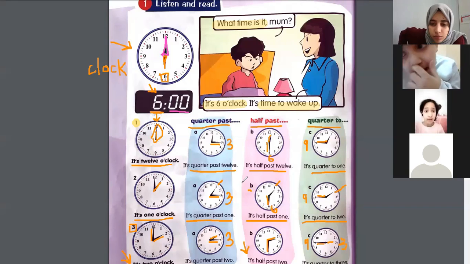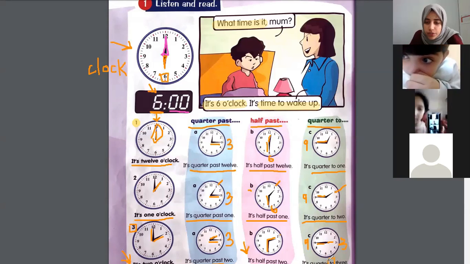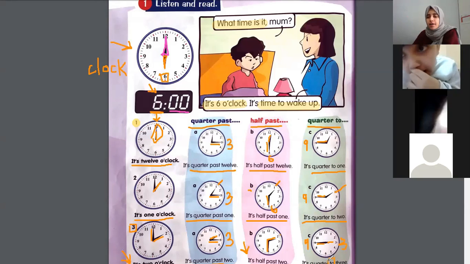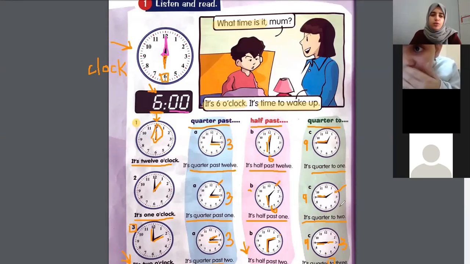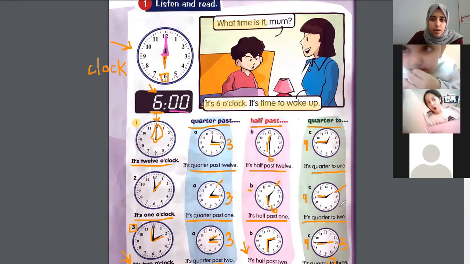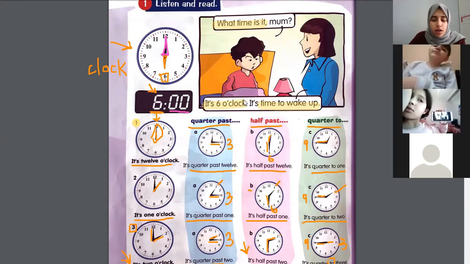Excellent. So notice that we are using the word past when it's close to the hour, but in the last one we are using the word to because it's close to the next hour, which is 3. Don't worry if you still don't understand. We're going to do more examples together. When we solve the examples, you will understand more.